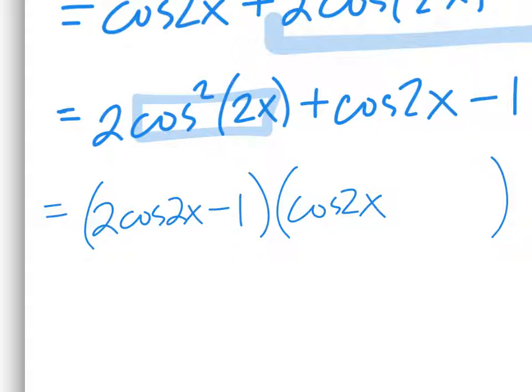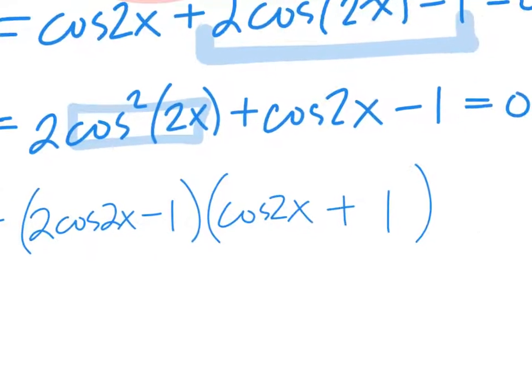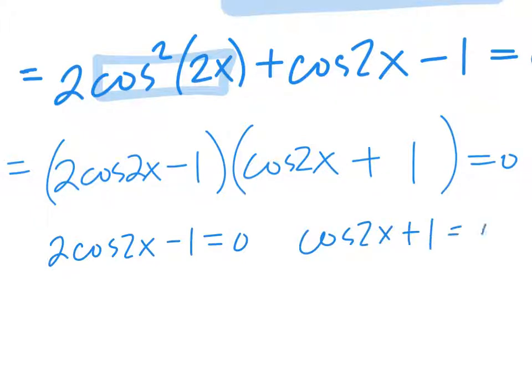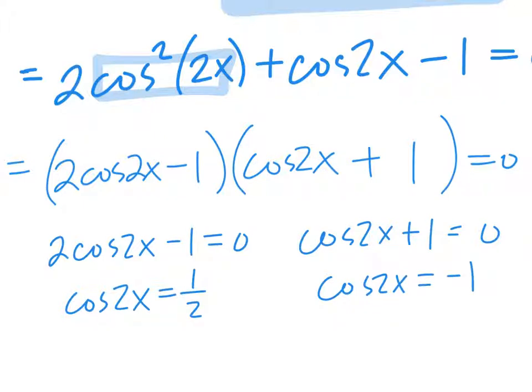Minus 1 and plus 1. That's equal to 0. So 2 cosine 2x minus 1 is 0, or cosine 2x plus 1 is 0. Solving, cosine 2x is 1/2, and cosine 2x is minus 1.